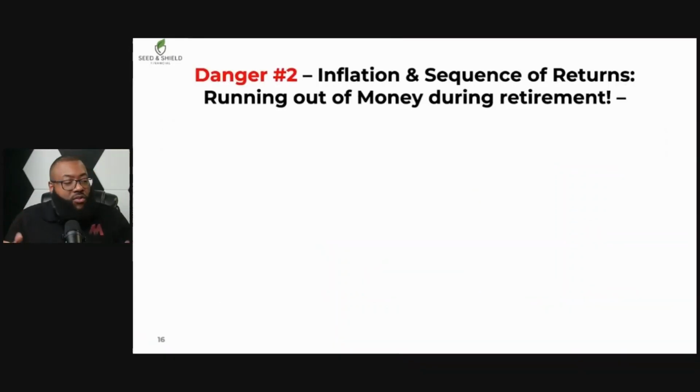So danger number 2 is inflation, right? So inflation in the sequence of returns. This is running out of money during retirement, which is a huge fear. Especially since we have the blessings of advanced medicine and people are living longer, right? I think the largest population growth is in people who are 100.